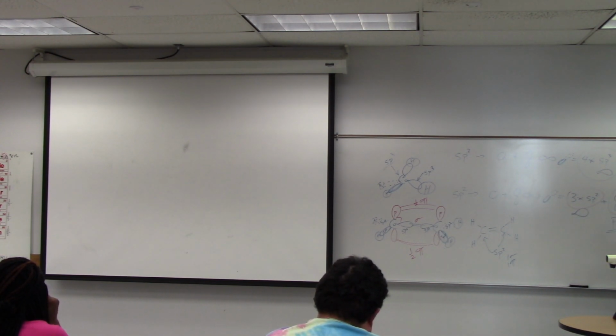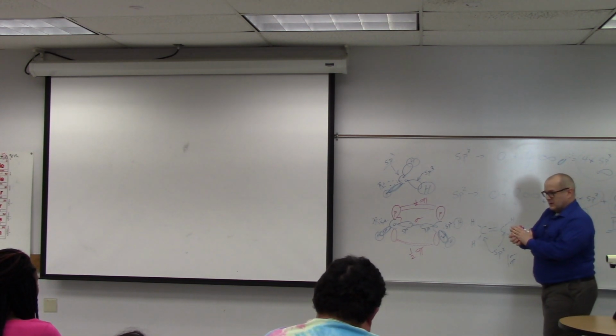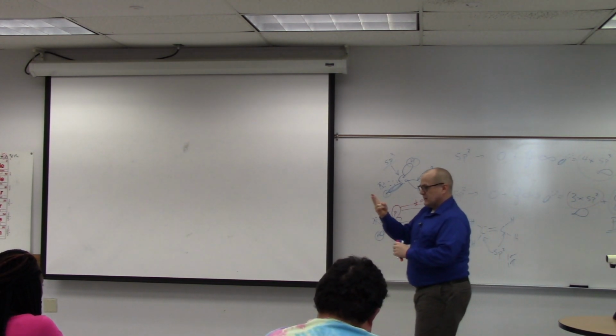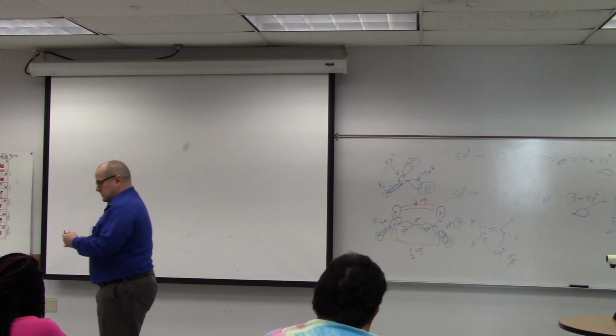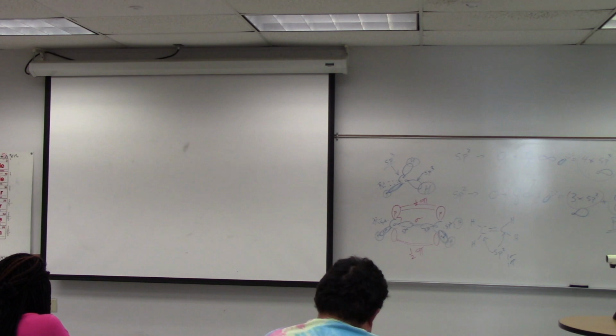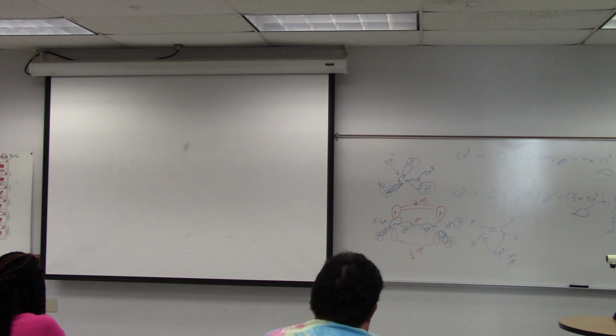Now, that's sp3 and sp2. We talked about single bonds, talked about double bonds. What's left? Triple bonds. So if we know a double bond has a sigma and a pi, what do you think a triple bond will be made from? 2 pi's and 1 sigma. Very good. Self high five.